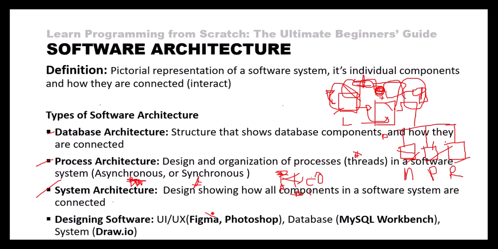Photoshop can also be used to design that kind of architecture. If you want to design a database, you can use a software called MySQL Workbench. If you want to design a system architecture, or even the UI and the database, you can use what? You can use Draw.io. So I'm going to do a simple demonstration of how these architectures are developed in Draw.io.